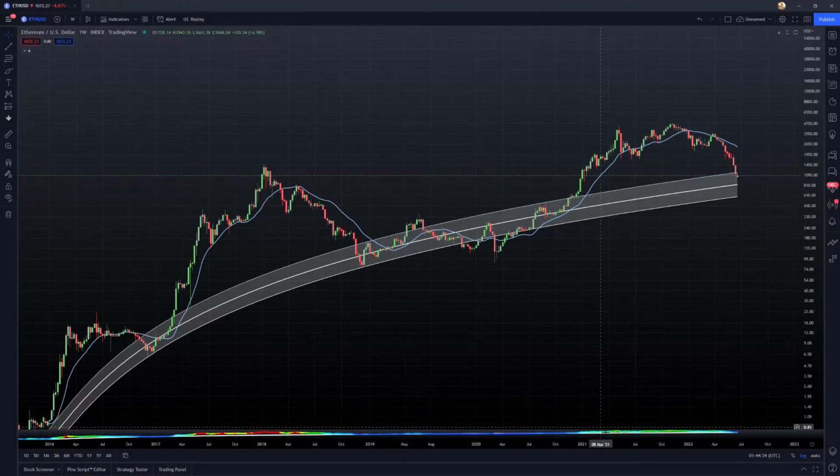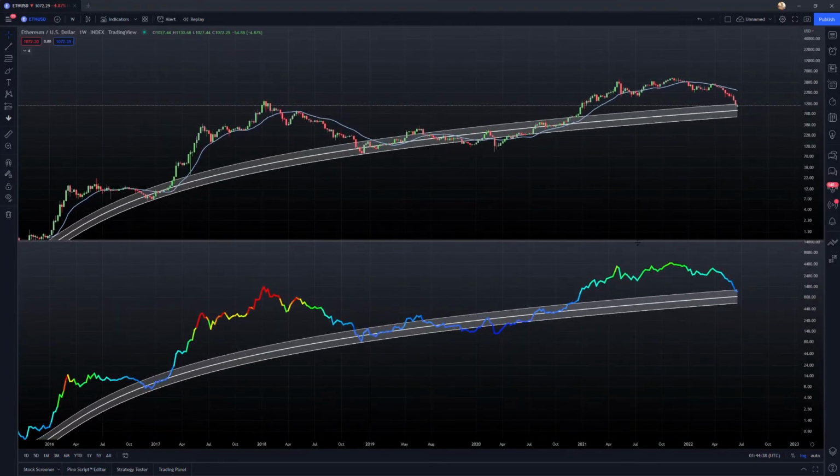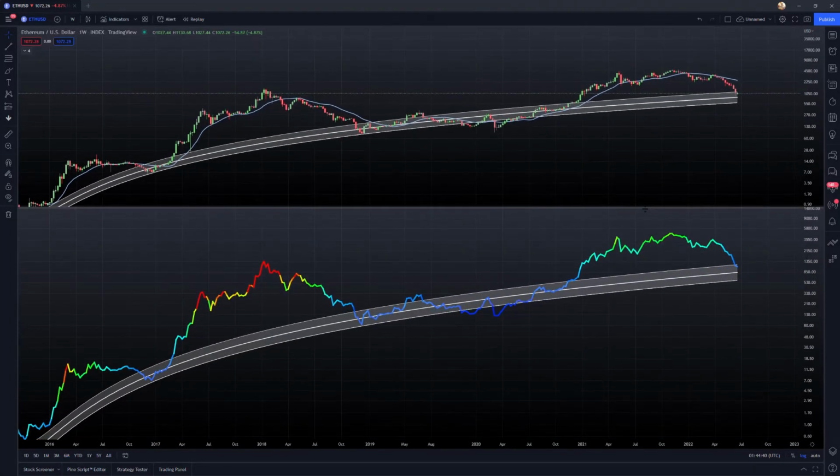So now I'm going to pull up a different indicator that is actually plotting the closing price here, color coding it based on how close we are to the middle of the band. If we're really, really far above it, like we were in January 2018, it's going to be in red. It's going to be in these really, really warm colors.